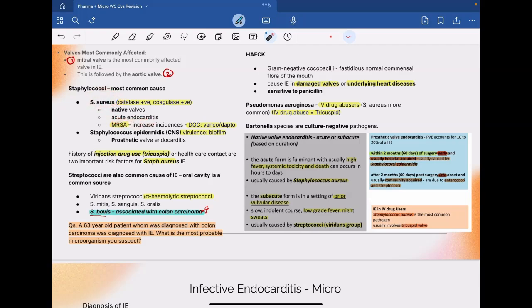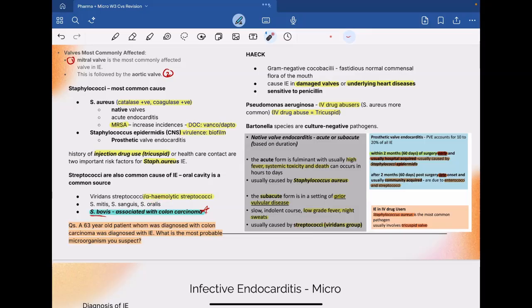For the subacute, it's in a setting of prior valvular disease. So basically, the patient has to have previous heart disease, and it takes a slower course, with low-grade fever. They're more like night sweats rather than high fever and systemic toxicity. And they're usually caused by the streptococci or strep viridans, which we mentioned is alpha-hemolytic.